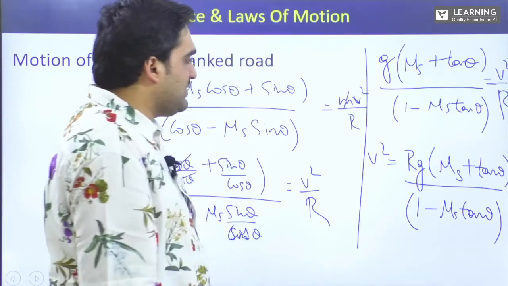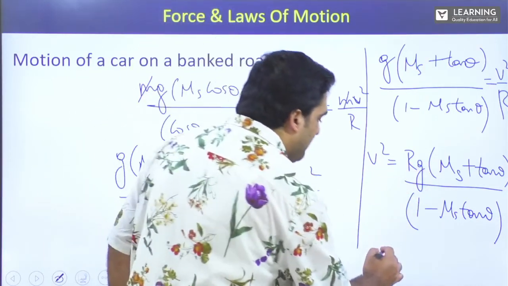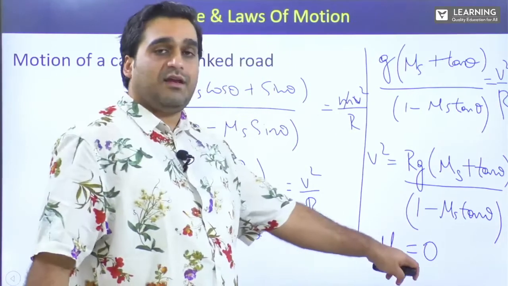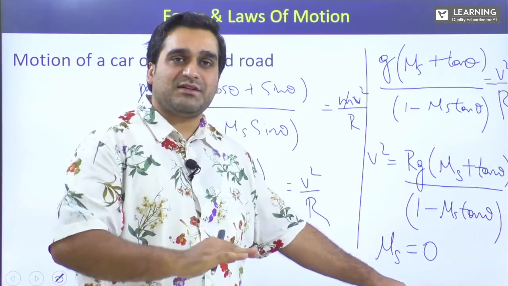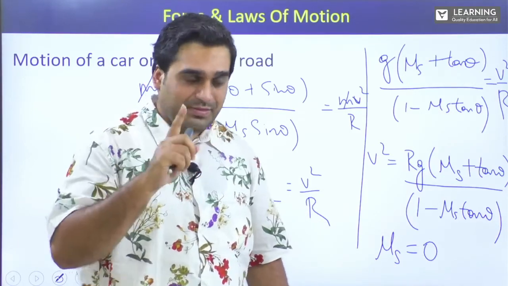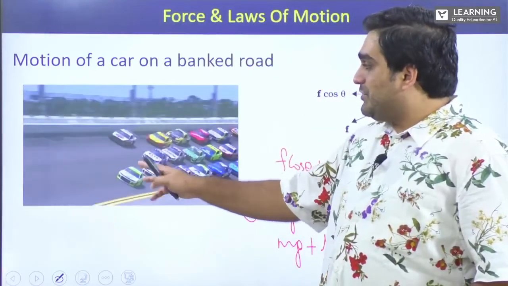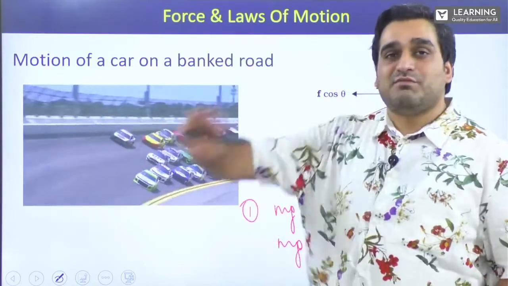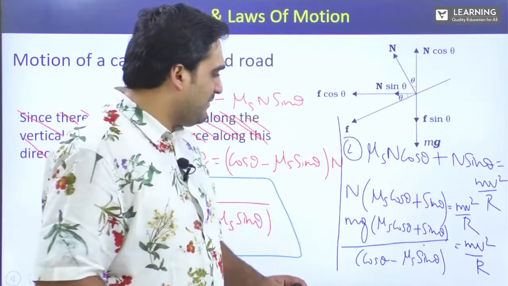Velocity in this case is easy. Now in this term, what happens if mu s is equal to 0, if the coefficient of static friction is 0? If there is no friction between the surface and the tire, like F1 cars, can the car still move at a maximum velocity? Let's see that here.